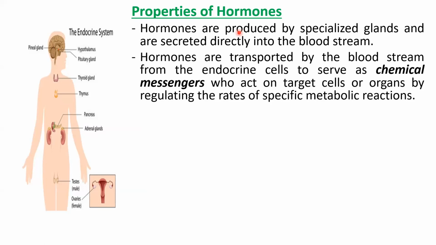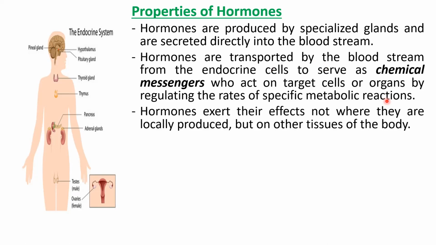So these hormones, as I told you, are transported through the bloodstream, and the blood plays an important role in the transportation of these hormones, or chemical messengers. These chemical messengers act on the target cells or organs by regulating the rates of specific metabolic reactions.